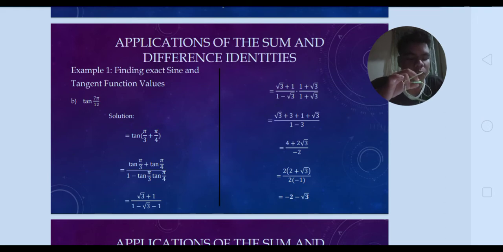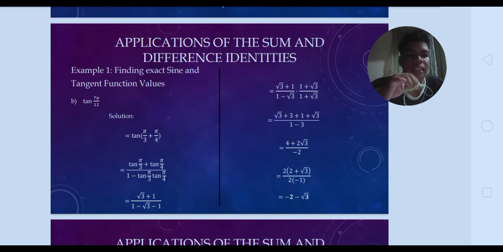After that, we have to get the tangent sum identity, which is now equal to tan pi over 3 plus tan pi over 4 over 1 minus tan pi over 3 times tan pi over 4. Then we have to substitute the known values for each identity, which is tan pi over 3 is equal to square root of 3, and tan pi over 4 is equal to 1.